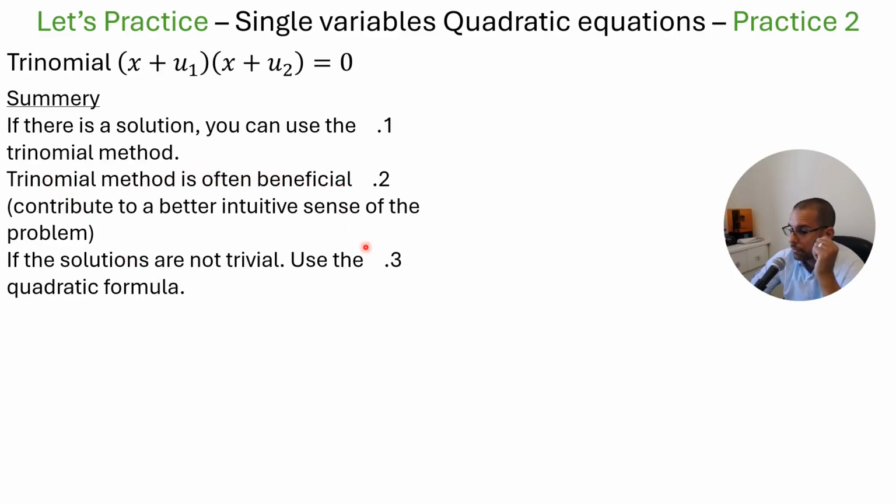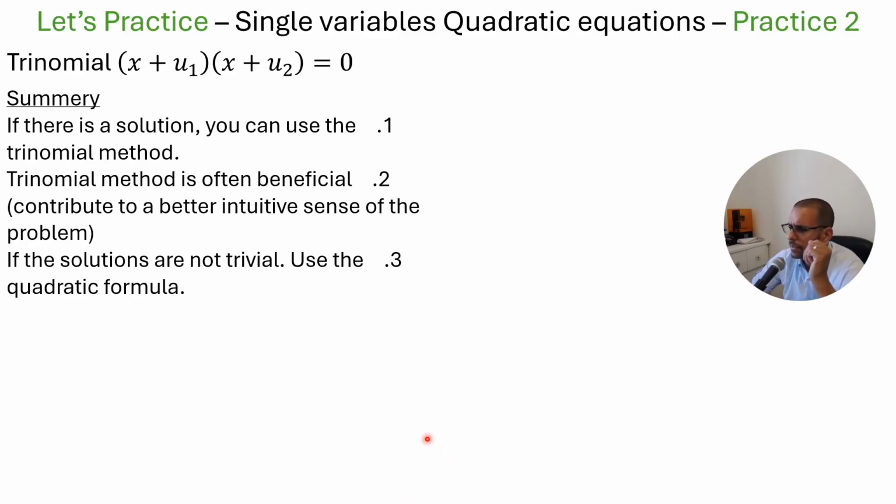The trinomial method is often beneficial, okay? When I use the trinomial method, I gain an understanding about what I'm doing that I'm not going to get by using the quadratic formula. Because the quadratic formula is kind of a calculator. You just plug in the values and you get the result. There is not a lot of understanding there. But you can gain understanding by using something inside the quadratic formula called the determinant, and we're going to elaborate on it in practice number 3 and 4.